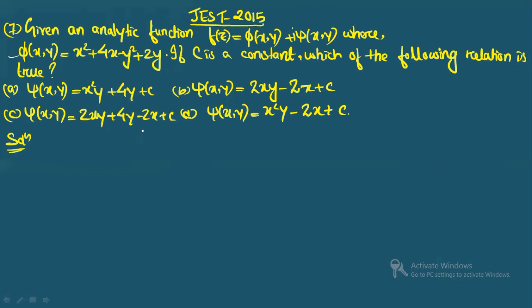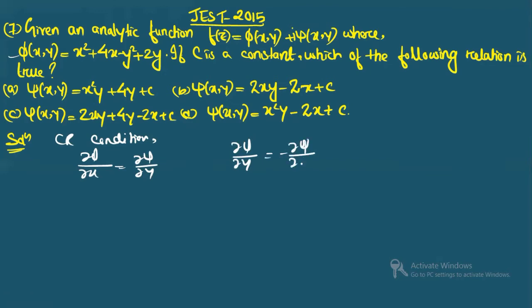I guess firstly we will use the CR condition. Yes or no? So what is the CR condition? del phi del x is equals to del psi del y, and del phi del y is equals to minus del psi del x. So first you do del phi del x. When you will do this, what you will get? 2x plus 4, right? This is y, so it's constant, it will be 0.